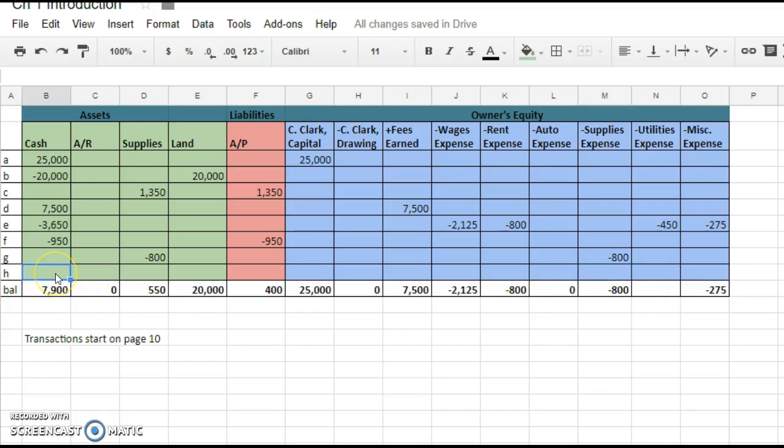And the last one, H, Chris Clark withdrew $2,000 from Net Solutions for personal use. So if he withdrew, he took $2,000 out of the business, and that would be his drawing account. Why? If you're going to affect owner's equity, it's no longer just the capital. So I minus the $2,000. So if you take a look, and I highlight my asset balances, you will see that they equal $26,450.